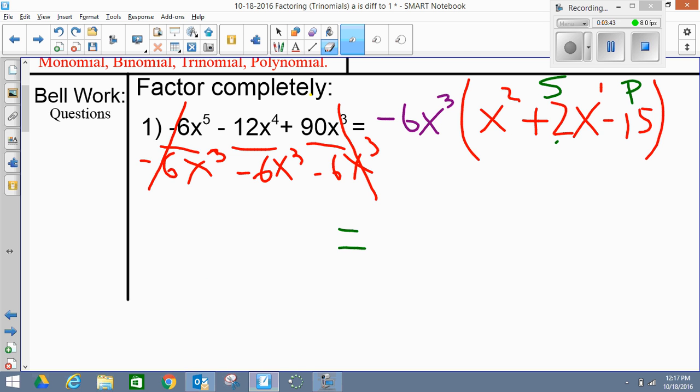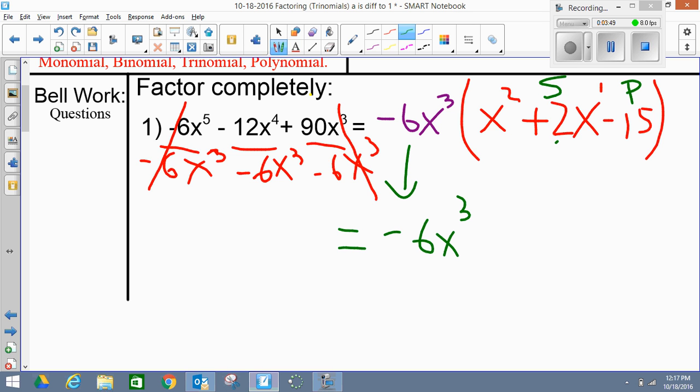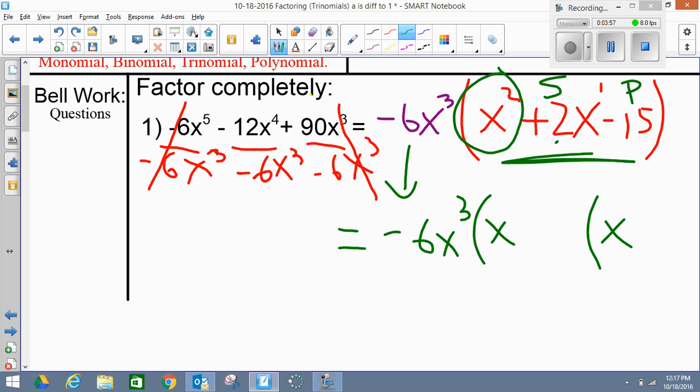Whatever is outside the parentheses comes down, -6x cubed. Now this trinomial is going to factor into parentheses. The x squared breaks into x and x. And my numbers were +5, -3. And we're done. So that's how you factor any regular trinomial.